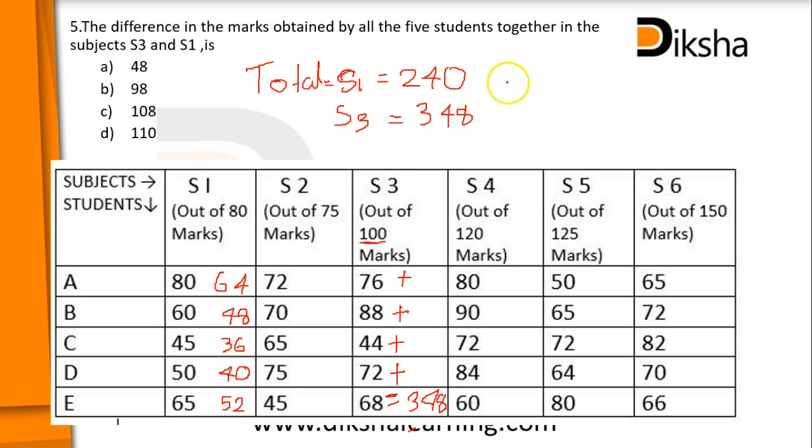So 348 minus 240 gives you 108. So the answer will be 108, option C. We just changed the percentage into marks, added all the marks, then found the sum. 348 the sum of the marks of S3 and 240 the sum of the marks of S1. We just find the difference, so the answer is 108.